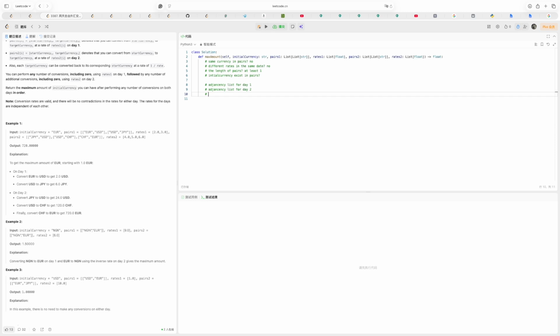So let's first do the adjacency list for day 1, and I think we will have a matrix, since we have rates.